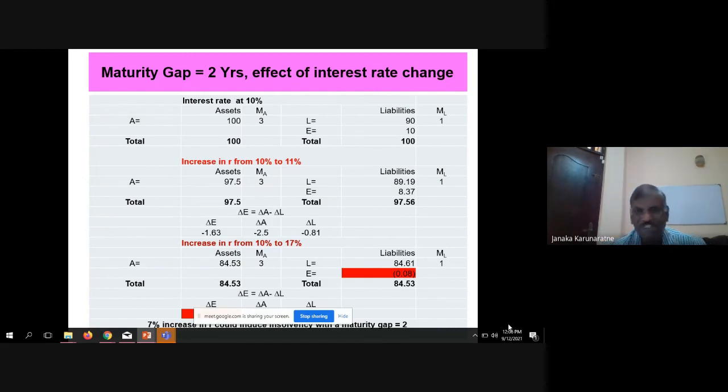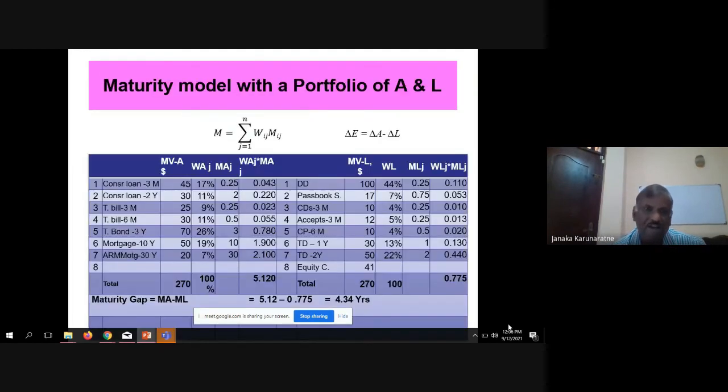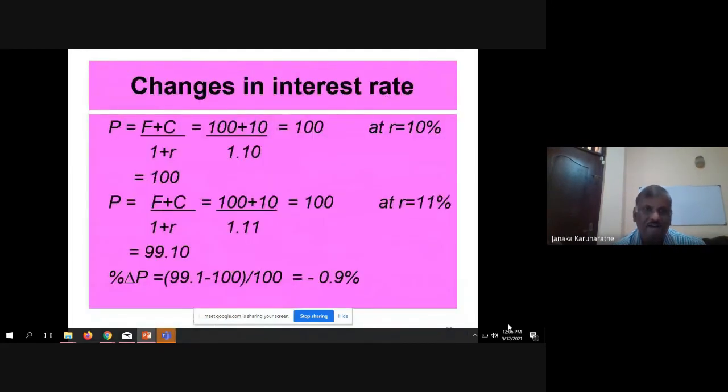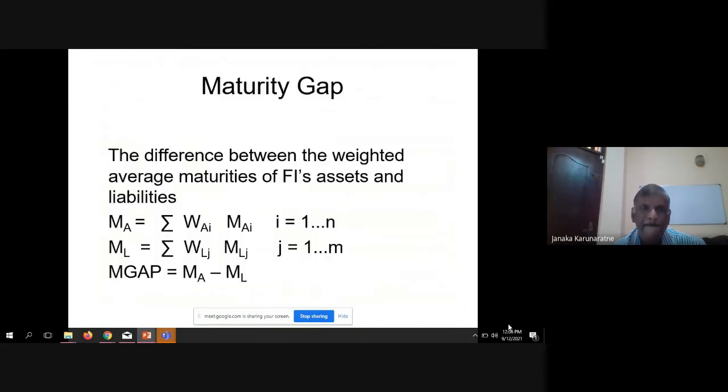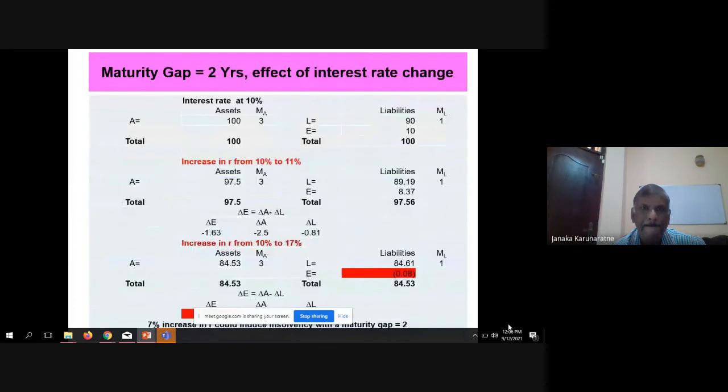Can someone work out? We know the formula. So the current interest rate is 10%.